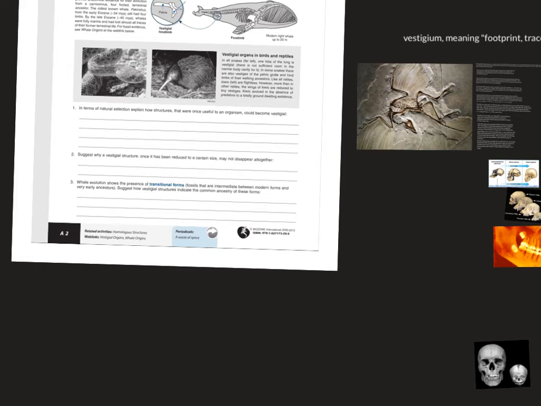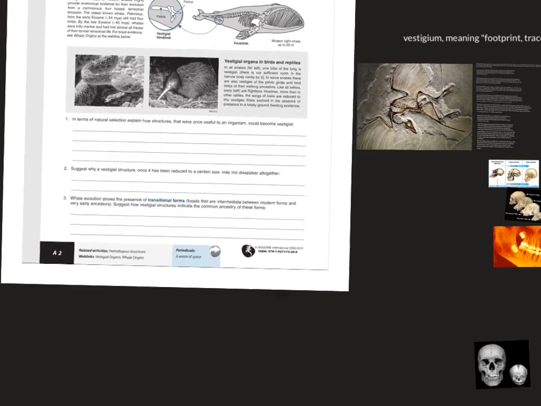So when we look at these transitional fossils, we have to consider how vestigial organs help us identify these connections between species, the ancestry, right? How does that happen?